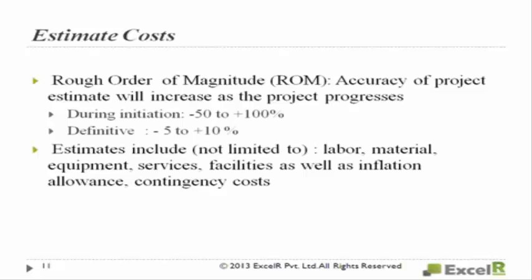Even then it's minus 5 to plus 10%. Certain prices are very volatile. The exchange rates are very volatile. If you take Indian rupee to dollar, the exchange rate changes every day. So also you should have this rough order of magnitude, plus or minus 5%, plus or minus 10%. You cannot estimate precisely most of the time.